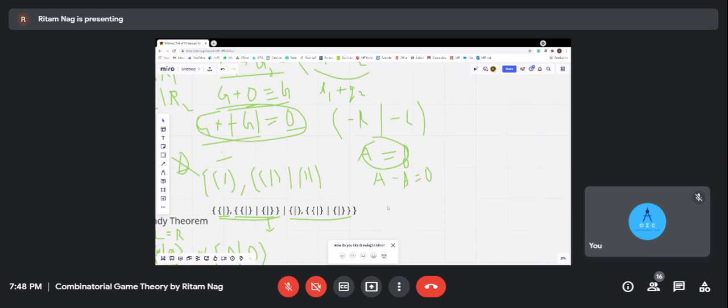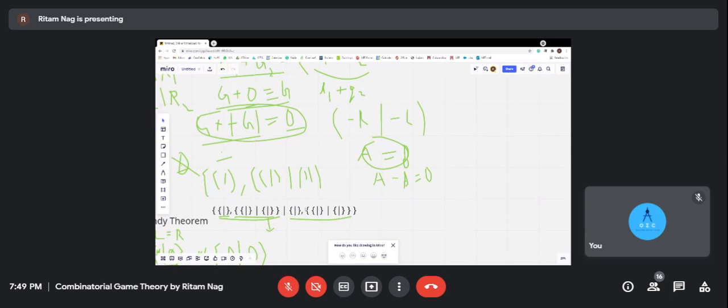So we'll need to define something where the first person loses, right? I said that A minus B is a second person win. No, like the games we are building are all from 0 and star, right?